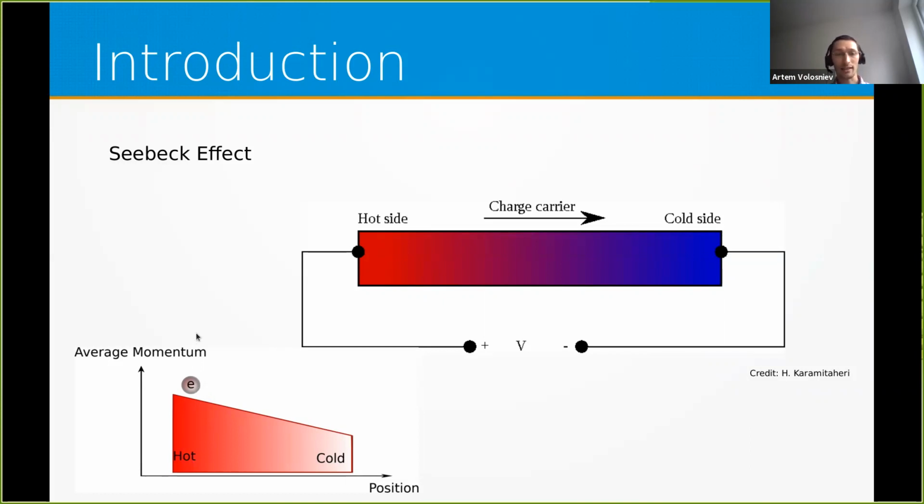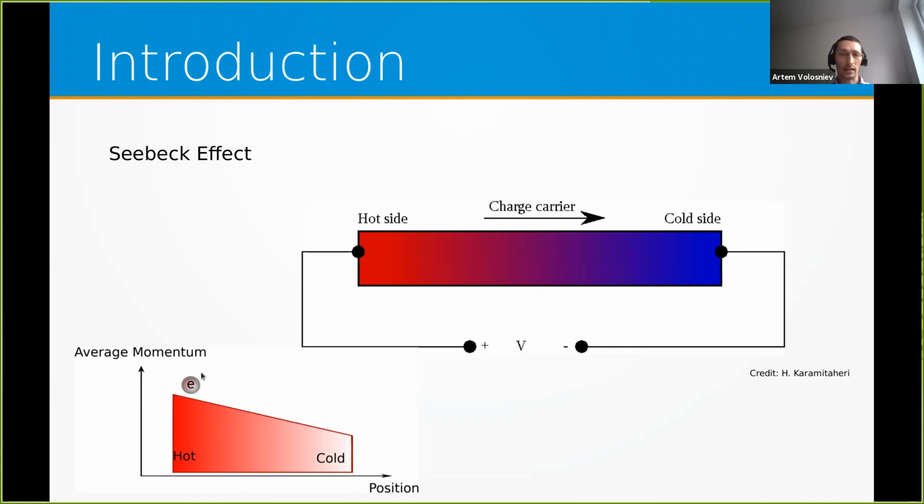The basic understanding of this effect is in a way quite classical, although it's based, of course, on quantum mechanics. You have a hot side, which has a bit larger average momentum or pressure, and it pushes your electrons to the cold side. This motion, due to the heat transfer, generates a charge current.